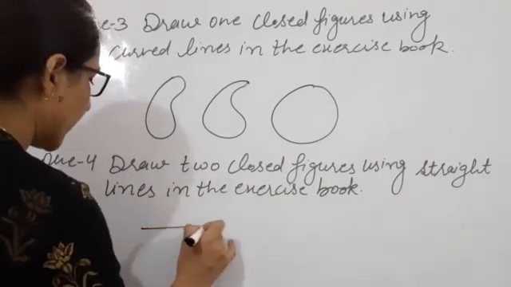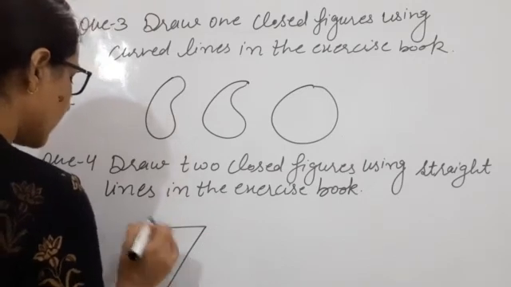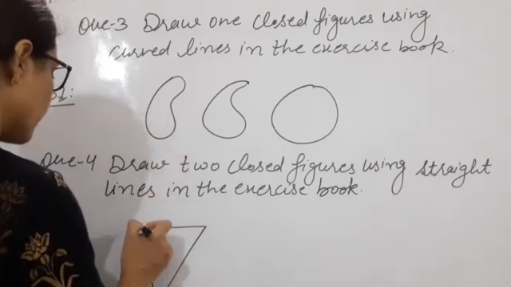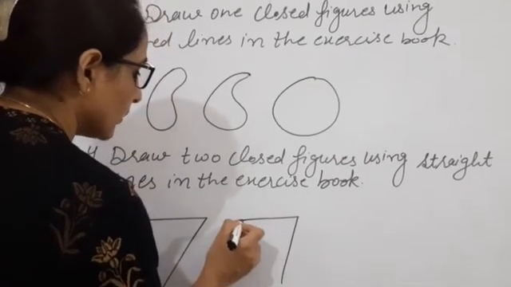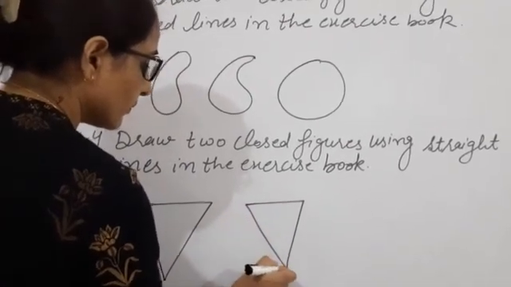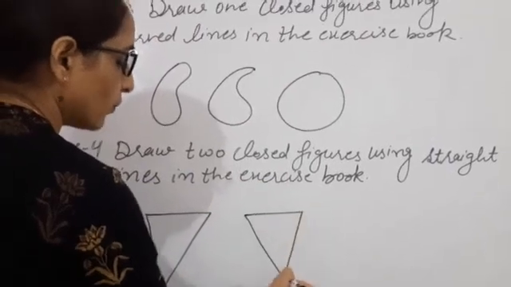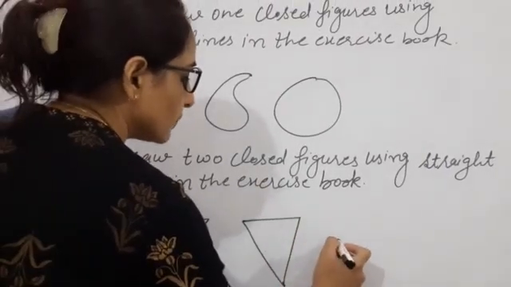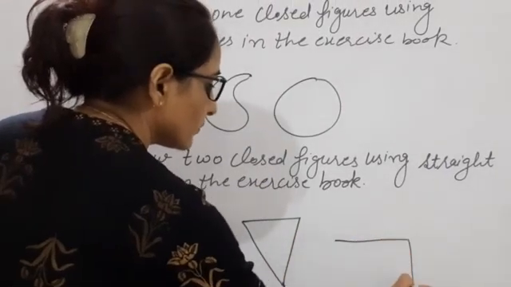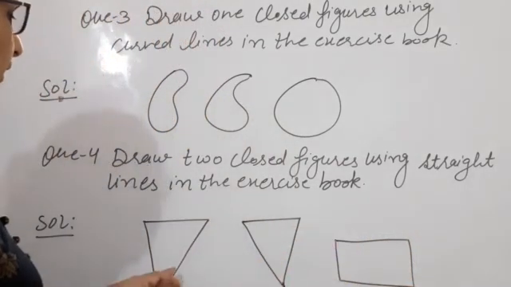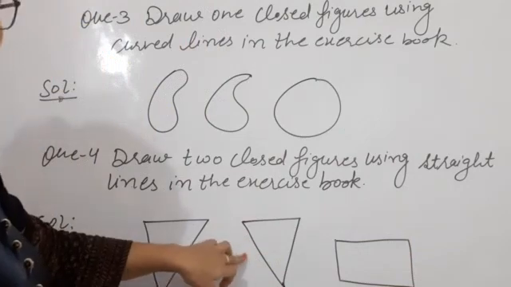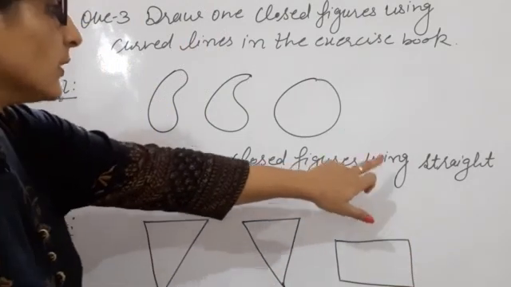We know the straight line. Clear? One, and then second one is also like this one. Start and end from there. Clear? So these are your closed figures by using the straight line.